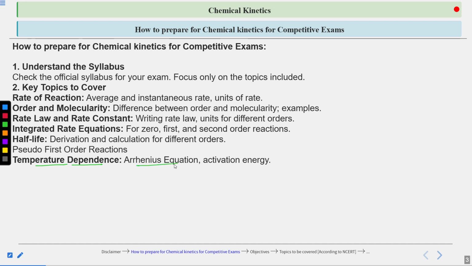In this we will talk about the Arrhenius equation, very important, and the activation energy, another important thing. And then we will talk about the basics of collision theory at the end of this chapter. So these are the key topics.